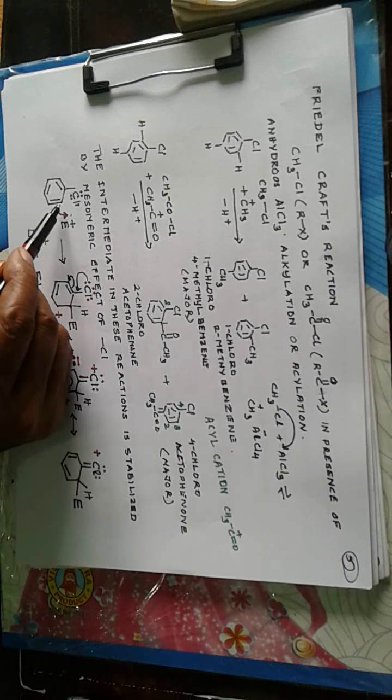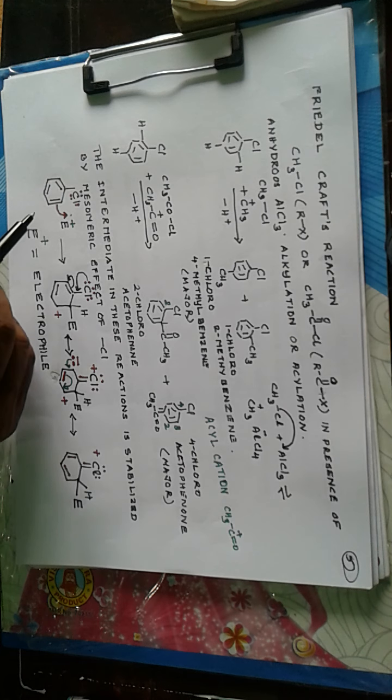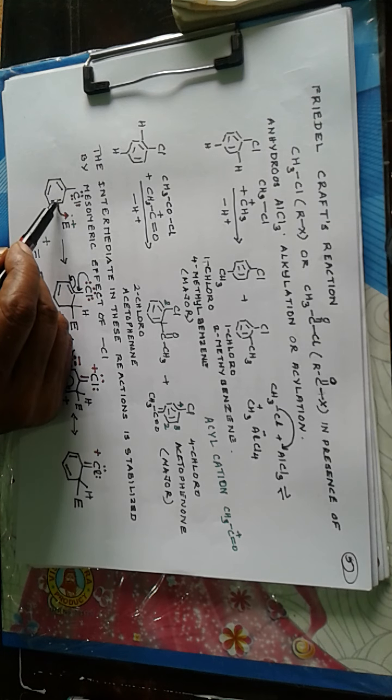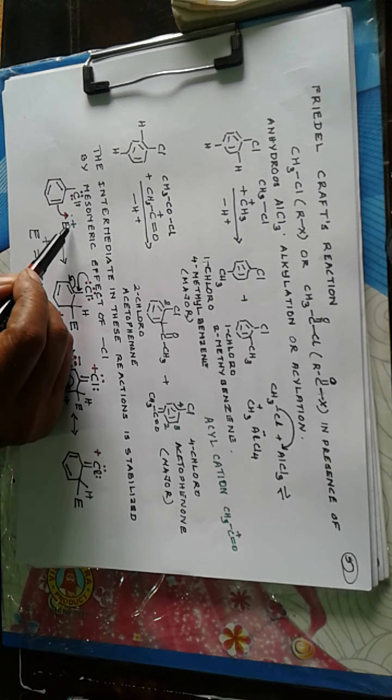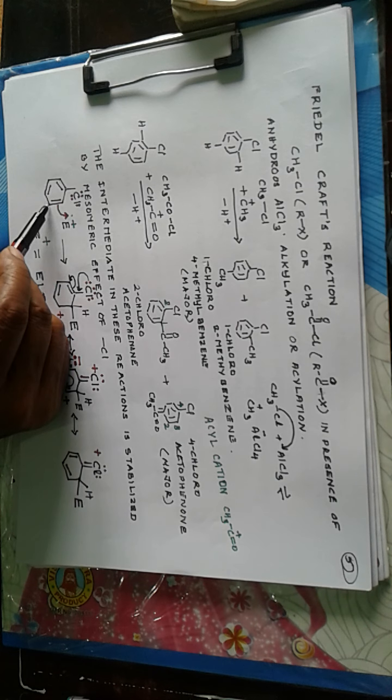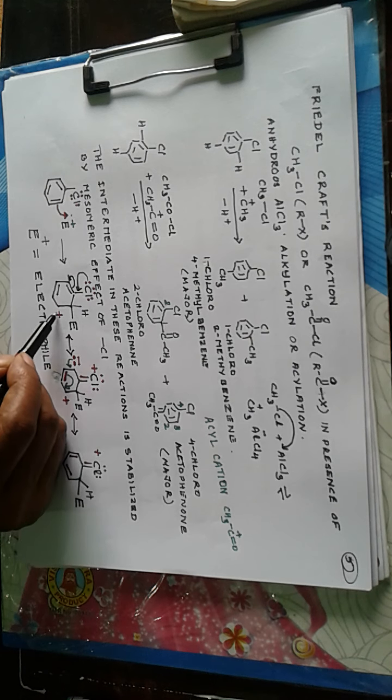When it reaches E positive, it forms a bond with the E positive. Since the two electrons are moving in this direction, one electron is given to E positive so that its charge is getting utilized, and since this carbon loses its share of electron, it gains a positive charge.